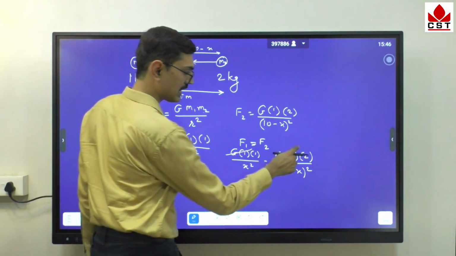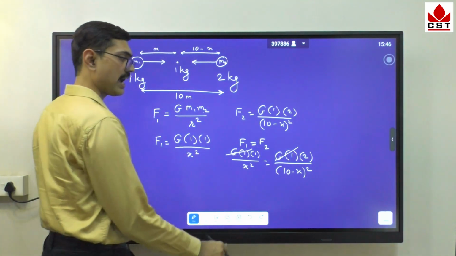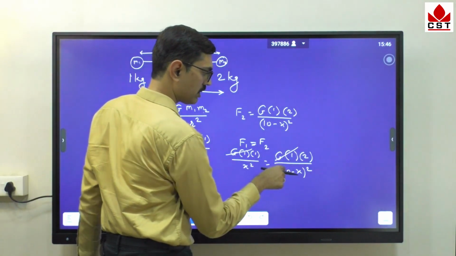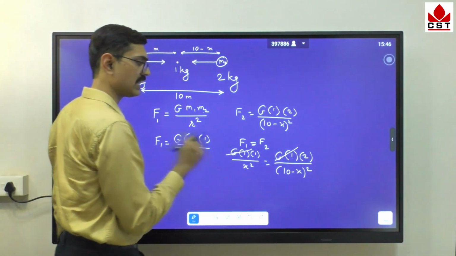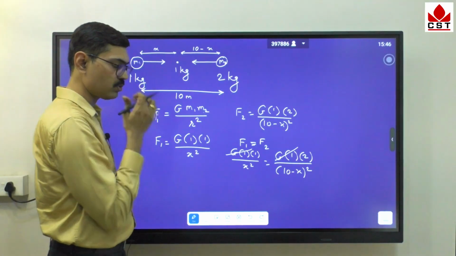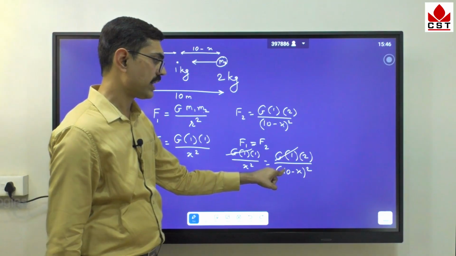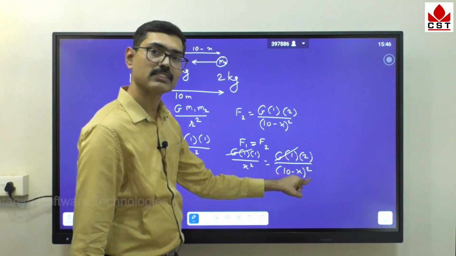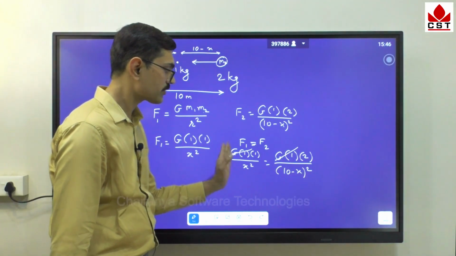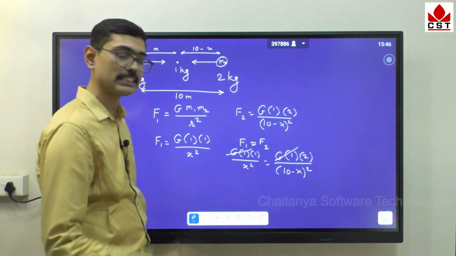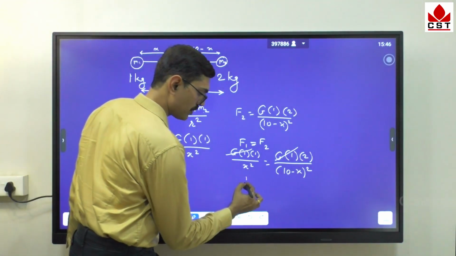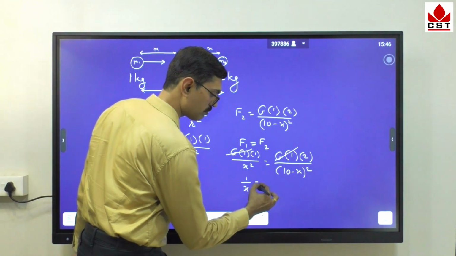G and 1 get cancelled, and then there is 2 upon (10 minus x) square upon x square. Then generally what we do? The trick of calculation is here. We don't have to expand (a minus b) bracket square. We have to take the square root on both sides. So this is the main important trick. So we have to take the square root on both sides.